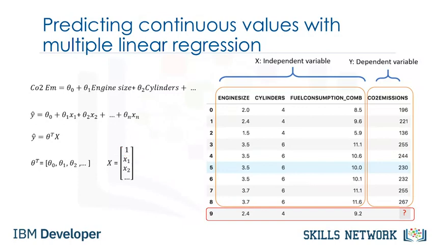Please notice that theta transposed x in a one-dimensional space is the equation of a line. It is what we use in simple linear regression. In higher dimensions, when we have more than one input, or x, the line is called a plane or a hyperplane, and this is what we use for multiple linear regression. So, the whole idea is to find the best fit hyperplane for our data.